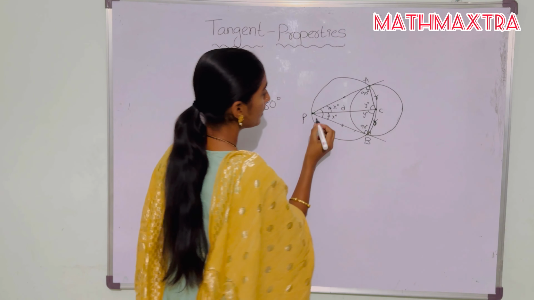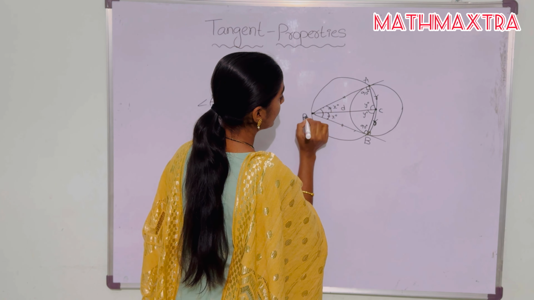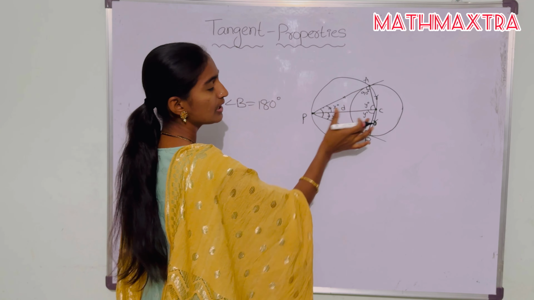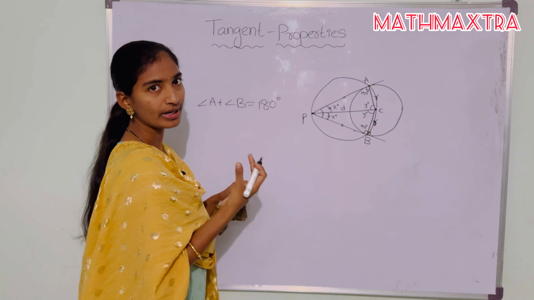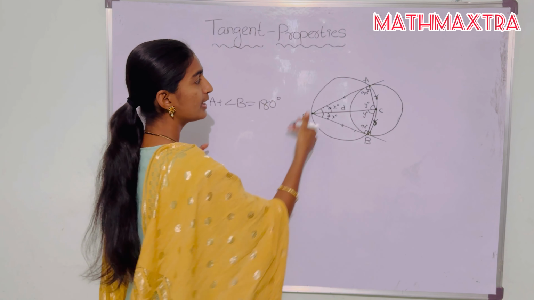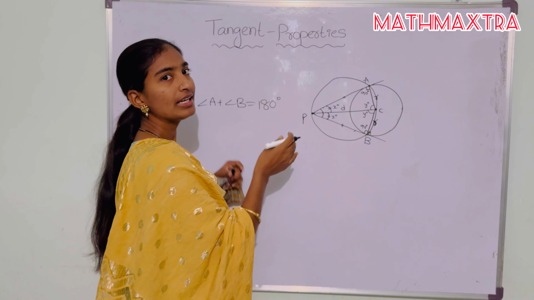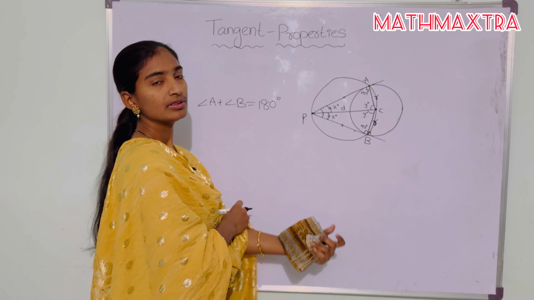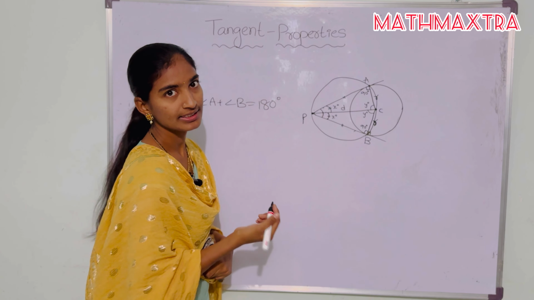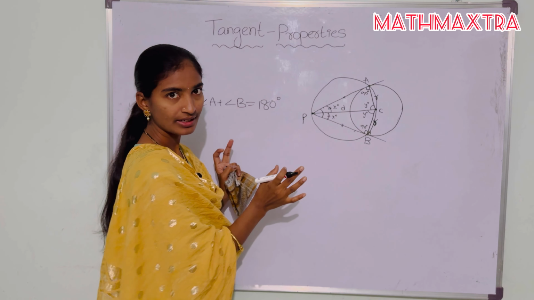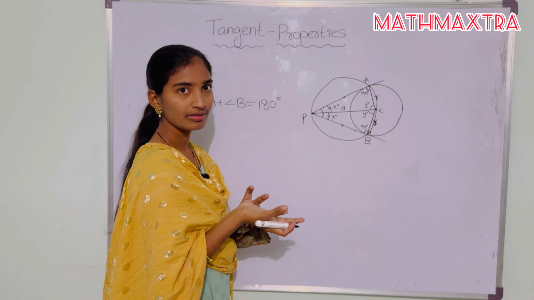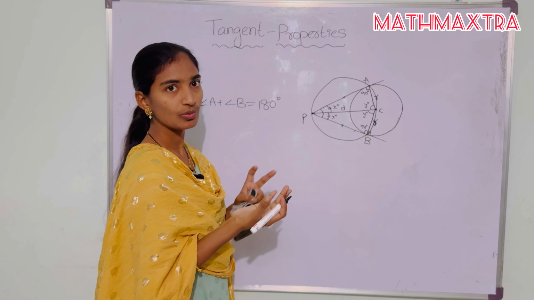And similarly, if you consider angle P and angle C, the sum of these two angles is also equal to 180 degrees, because in a quadrilateral, the sum of all interior angles is equal to 360 degrees, right? Then we have this sum equal to 180 degrees. What is the remaining angle left, which is equal to 180, right?